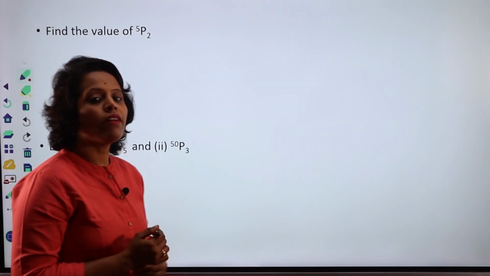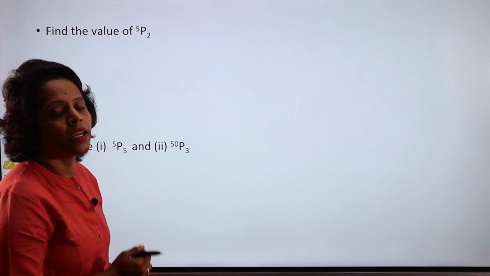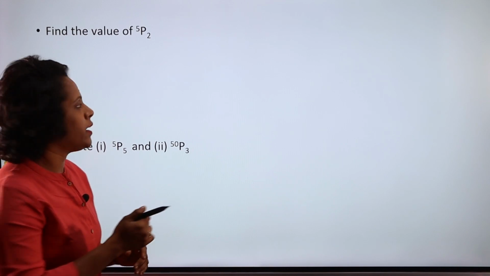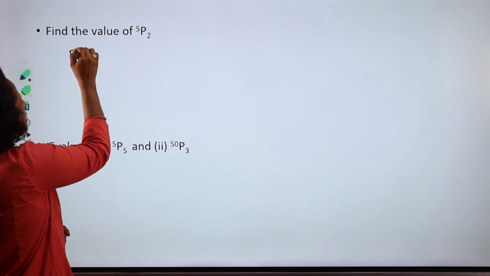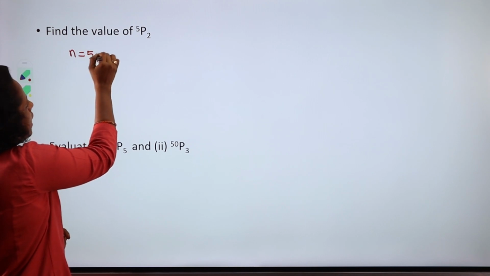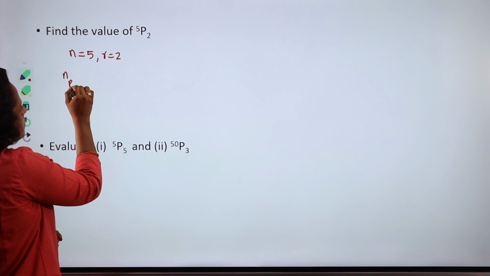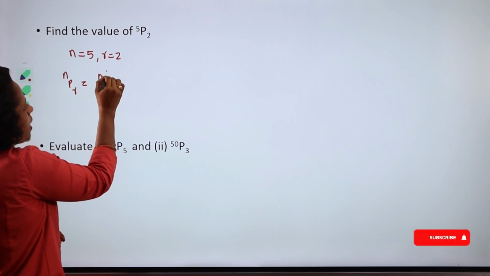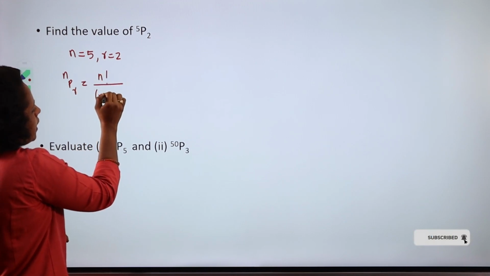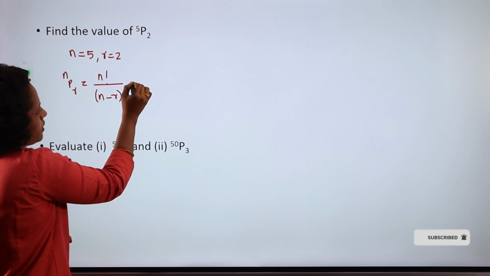Our first question: find the value of 5P2. What is 5P2? nPr, right? Here n is given as 5 and r is given as 2. So nPr is n factorial divided by (n minus r) factorial.